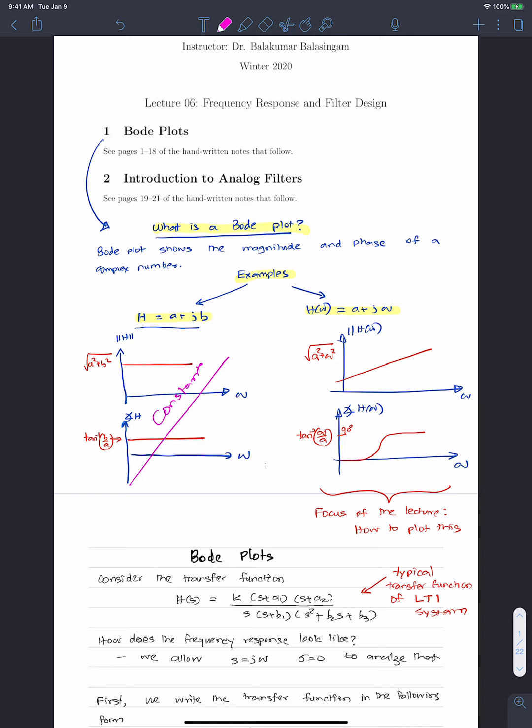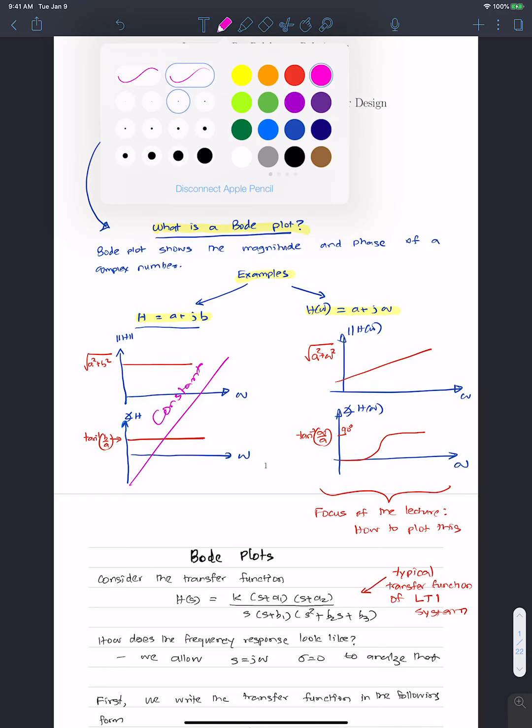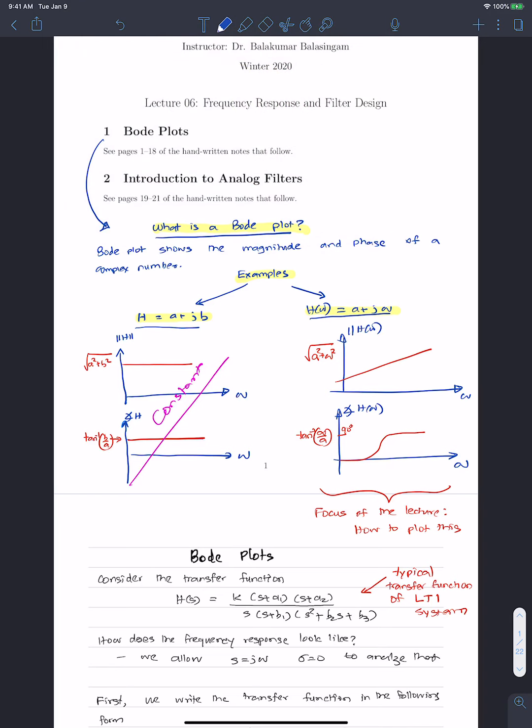On the right side, we see another complex number that's a function of omega. H(omega) is a plus j omega. Here, the magnitude is the square root of a squared plus omega squared. So as omega increases, a squared plus omega squared is also going to increase. So this is something that's going to change with omega.